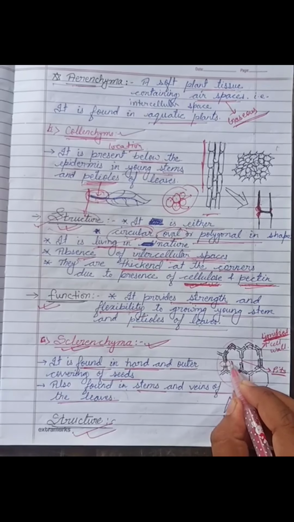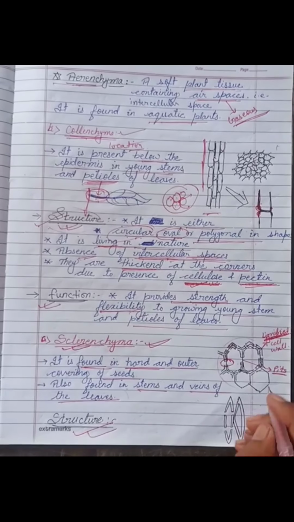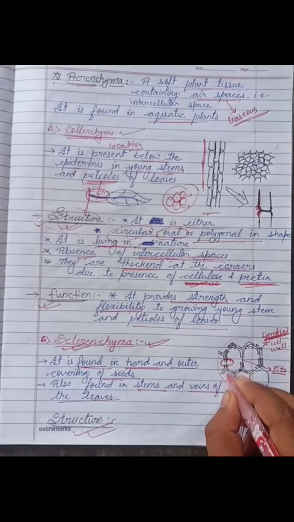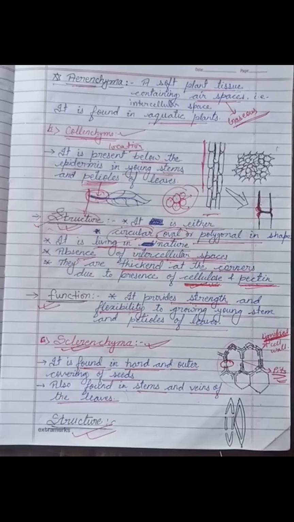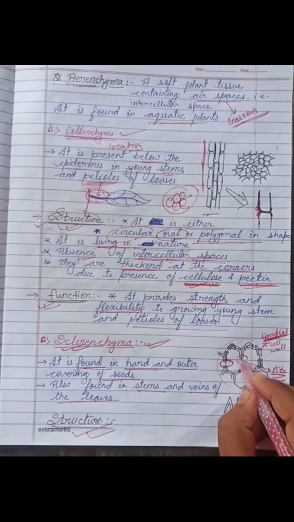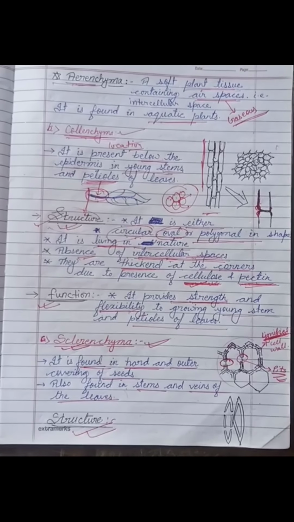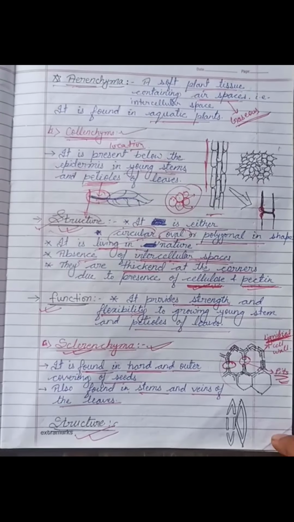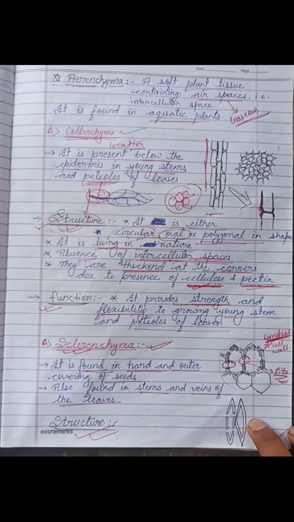Somewhere, the part where lignin is not found, that means where lignin is absent, that point is called pits. Is it clear? Here it is pits, where the lignin is absent. It is another type of sclerenchyma cell or structure.